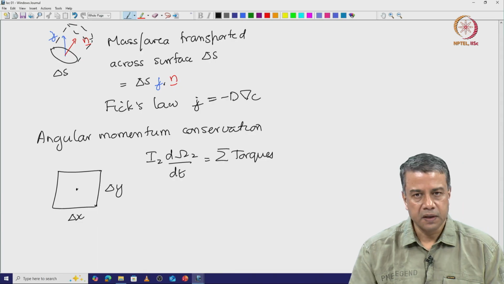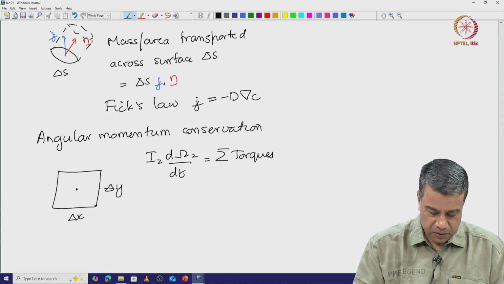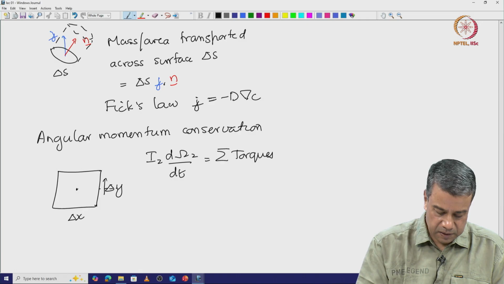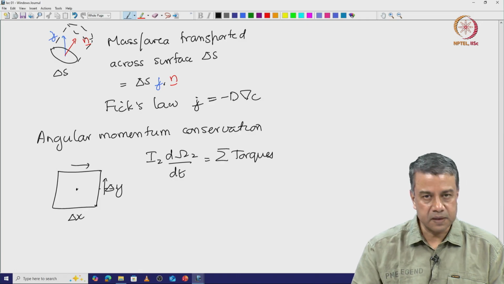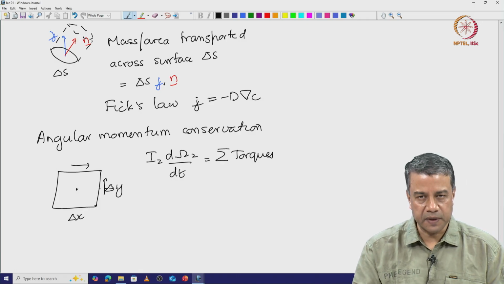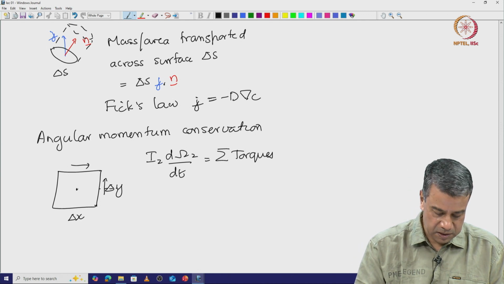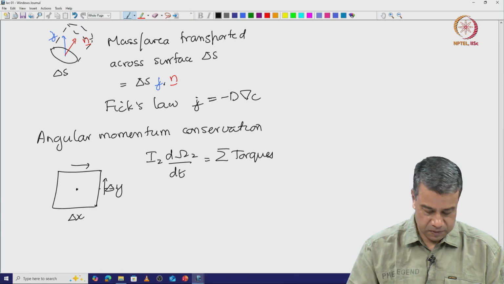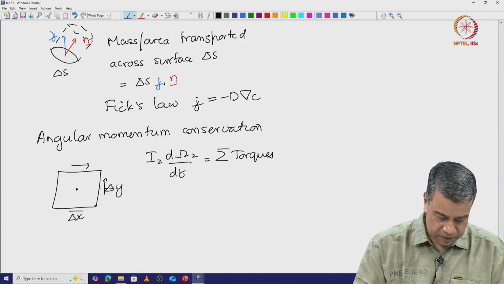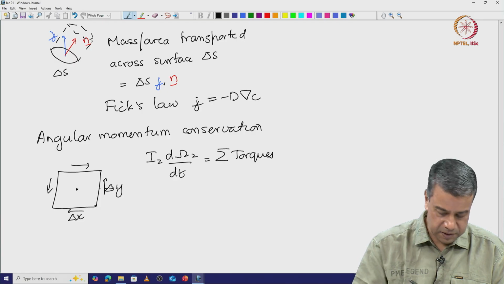And the torques are only due to the stresses that are parallel to the surface. The reason is that the stresses perpendicular to the surface do not exert a torque, because the perpendicular distance to the centroid is equal to 0. So, therefore, you have torques exerted in each of these.